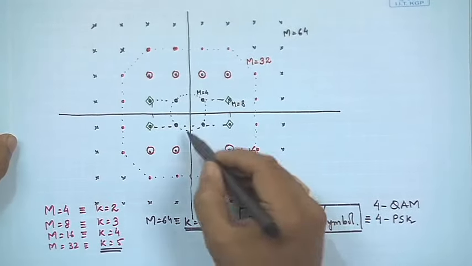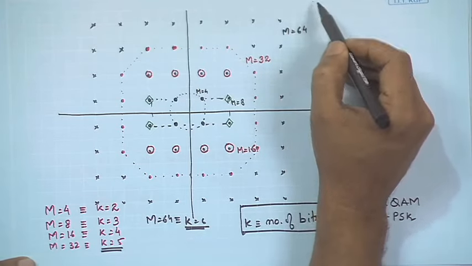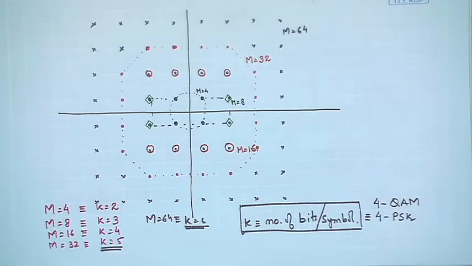This is the minimum distance between the constellation points, and I had told you, I need to discuss this in detail later on, that this minimum distance between neighboring constellation points decides the error probability. So, if we have to maintain a certain error probability and increase the spectral efficiency, that means increase M, you have to spend more energy. That gives us a hint that if you send more energy into the system, you can achieve higher spectral efficiency.